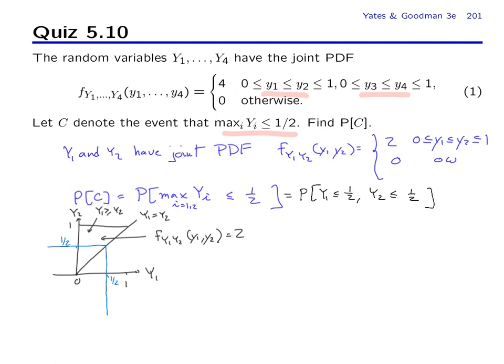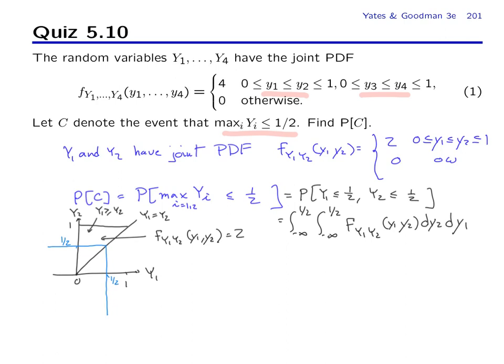The next step is to express this probability as an integral over the region of the joint PDF. This is a correct integral for any joint PDF of y1 and y2. It's an integral over the blue box region to the lower left.